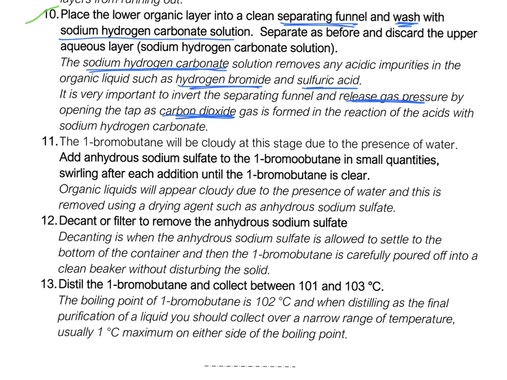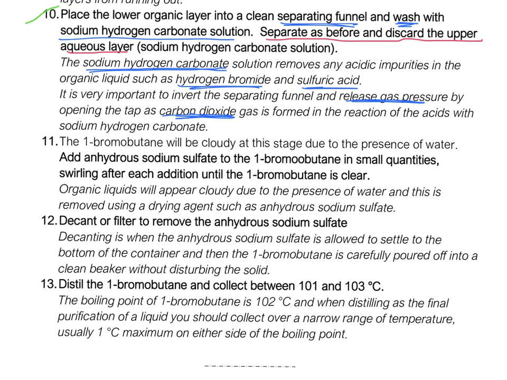And I should have mentioned above that once we've added our sodium hydrogen carbonate, the hydrogen bromide and the sulfuric acid will form an aqueous layer as before, and so we need to separate that and discard the upper aqueous layer. So again, we're running off the bottom layer, stopping it just before the junction of where the two layers meet, and then collect your organic layer, and we'll get rid of our upper aqueous layer.